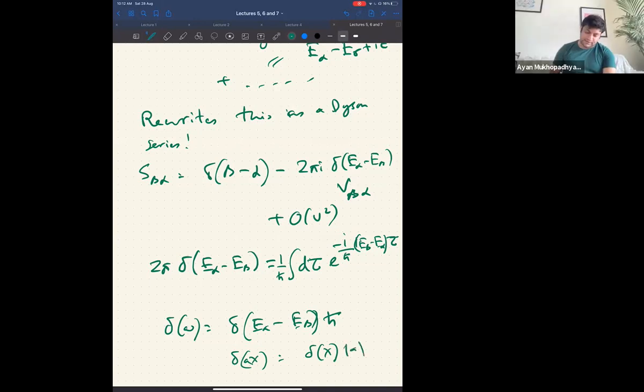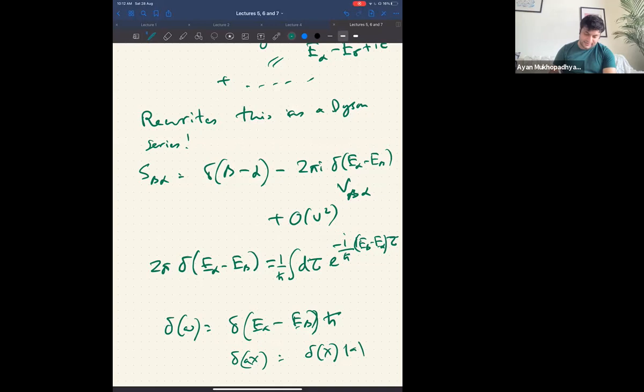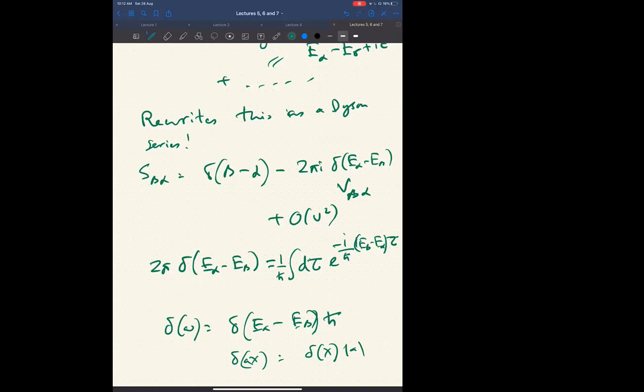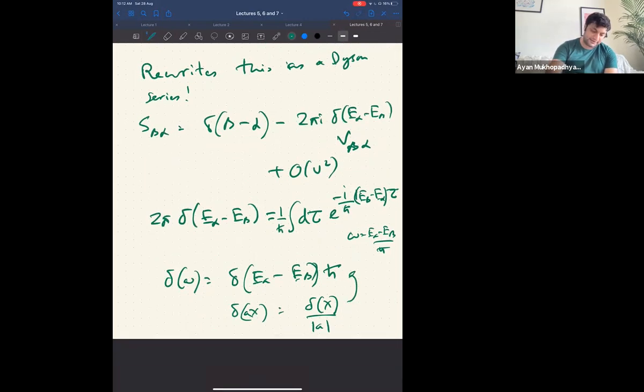Yeah, that is right, that is inside the division. Yeah, it is by mod of a indeed. And here omega is equal to E alpha minus E beta by h bar. So h bar comes on top. Okay, so if I use this here, I get that exactly.